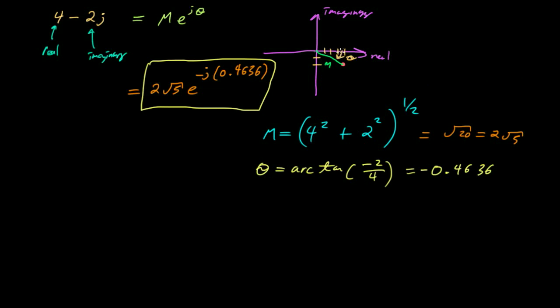Another way you can do this is, instead of going down like this, I could have gone all the way around. If I want to go all the way around, pretty much what I would do is add 2 pi to that number, and I should be able to get the same thing.